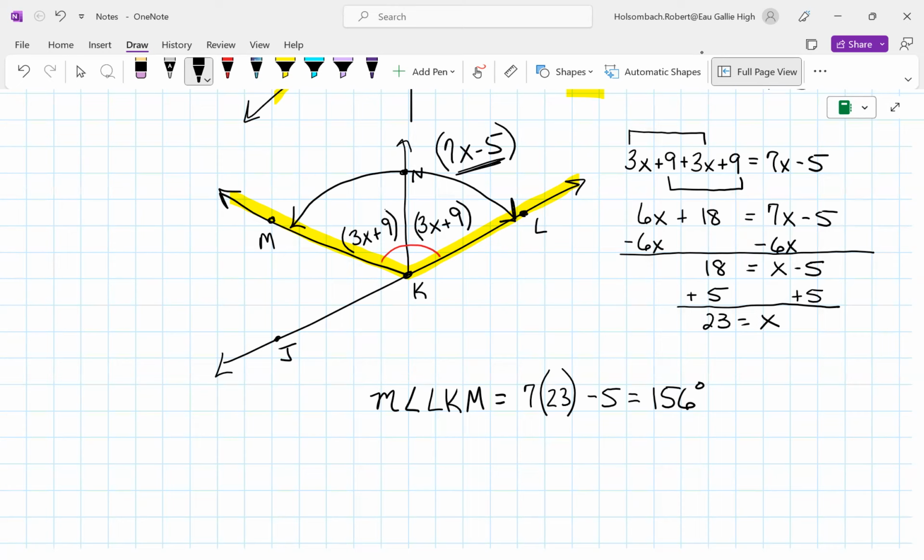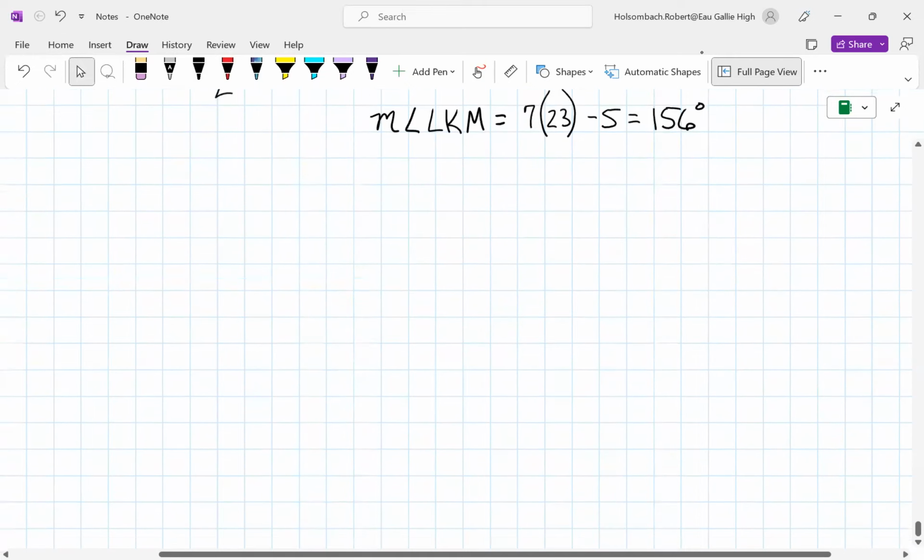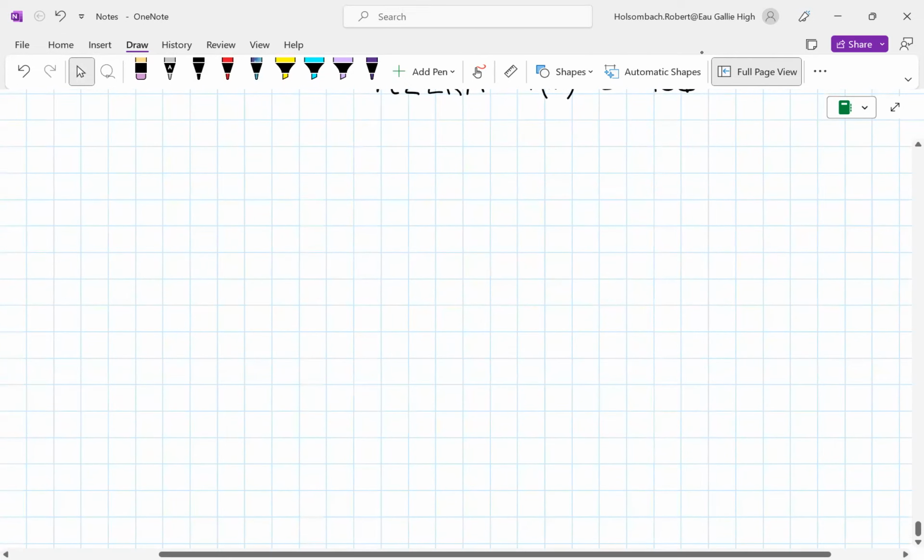If two smaller angles form a larger angle, then the sum of their measures is equal to the measure of the big angle. You'd be better off just watching for a second and not writing.